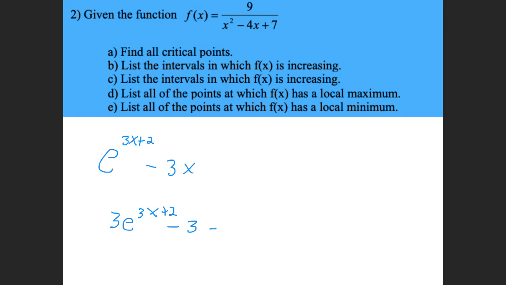Okay, one more question. Set it equal to 0. Solve for x. What would x equal?